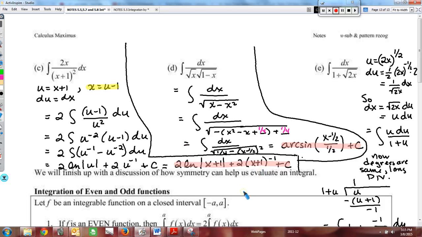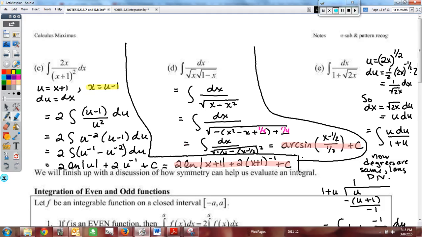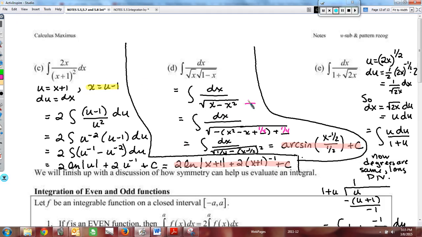Now let's take a look at what I did up here for part D. Now what I did first is recognize that I can distribute this square root of x through. And when I did that, I got to here, and then some alarm bells should have been going off to say, oh, wait a minute, we've seen this before. This is a complete the square problem.